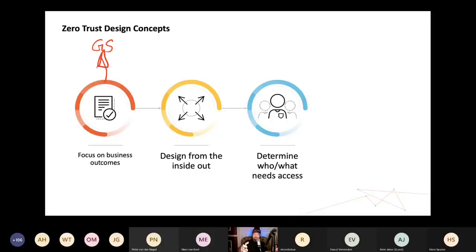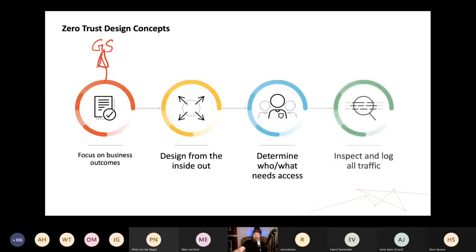And so you want to really restrict who has access on a need-to-know basis. Ask the question, does any certain person or device need to have access to this resource in order to get their job done? That's the question. Do they need to have access? And then finally, we inspect and log all the traffic all the way up at layer 7. We must do this at layer 7. Layer 3, layer 4, not good enough.